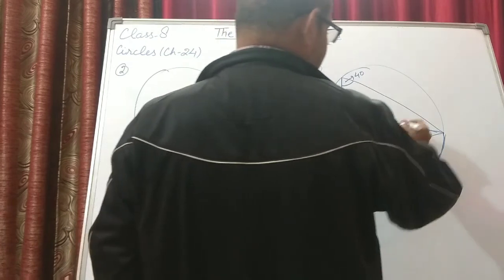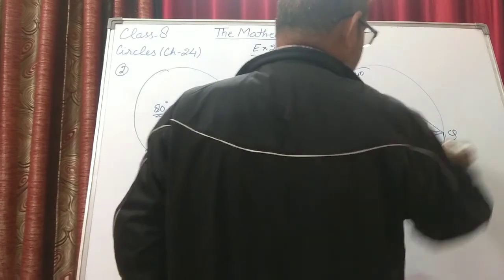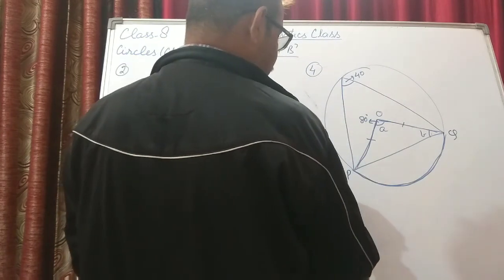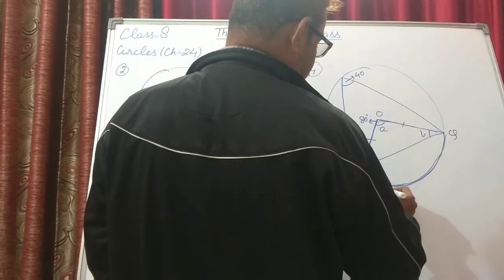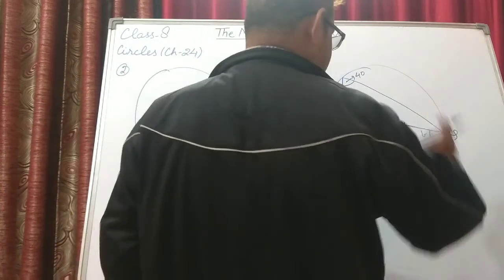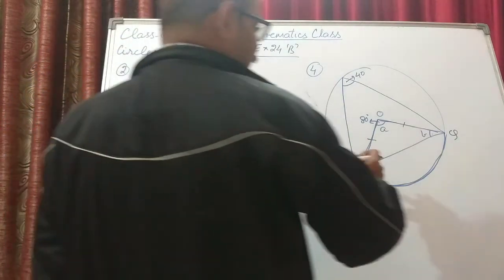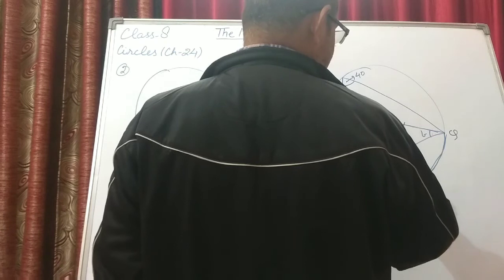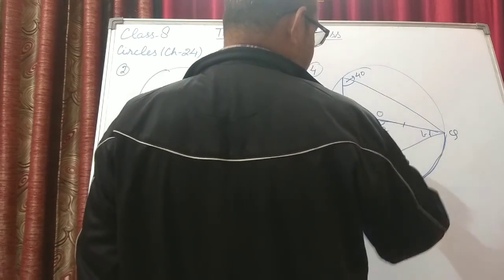If this and this are equal, and if I name them P and Q, then OPQ becomes an isosceles triangle. If it becomes an isosceles triangle, it means base angles will also be equal. So if this is B, this also will be B.